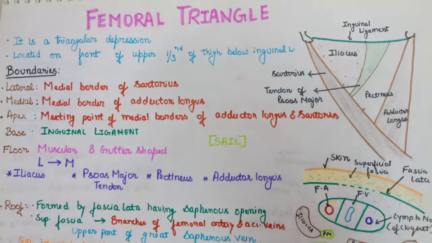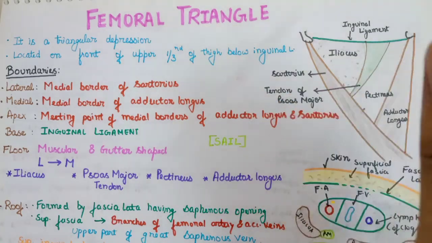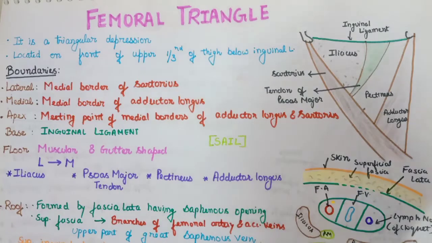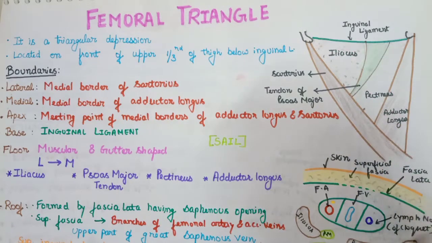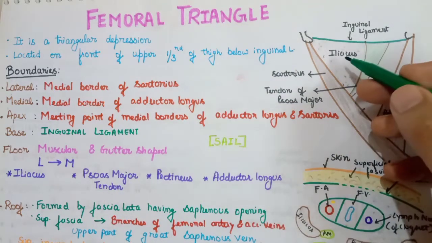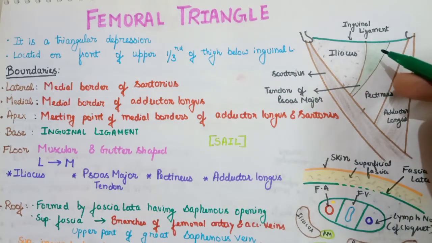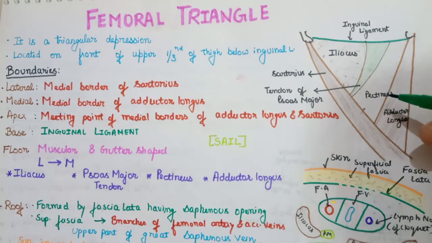Now we'll talk about the muscles first, then we'll see which muscles are forming which part of the boundary. We have a total of 5 muscles in the femoral triangle, which you should remember. This inclined muscle over here is called the Sartorius. Then we have the iliacus, then the tendon of psoas major, pectineus, and the adductor longus muscle.